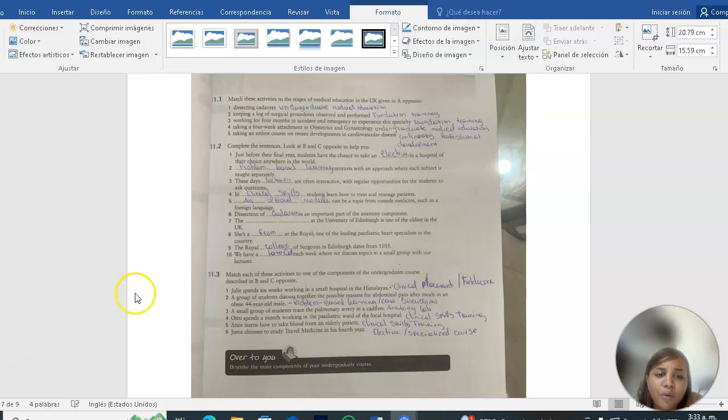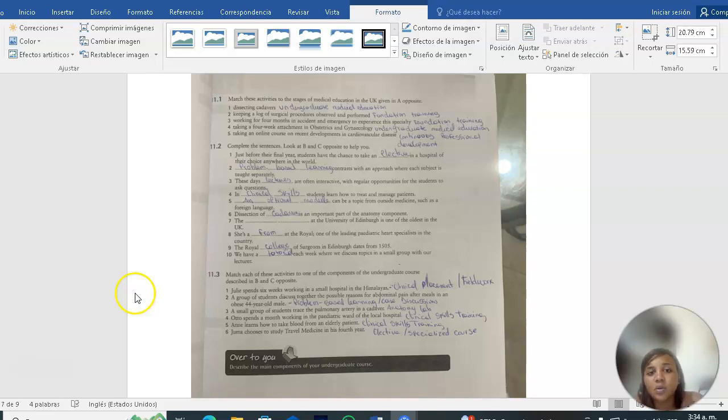Working for four months in accident and emergency to experience this specialty: foundation training. Taking a four-week attachment in obstetrics and gynecology: undergraduate medical education. Taking an online course on recent developments in cardiovascular disease: cardiology professional development.